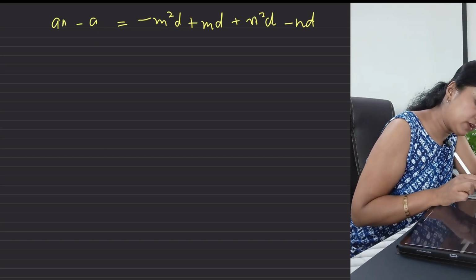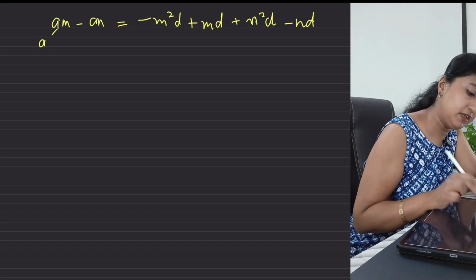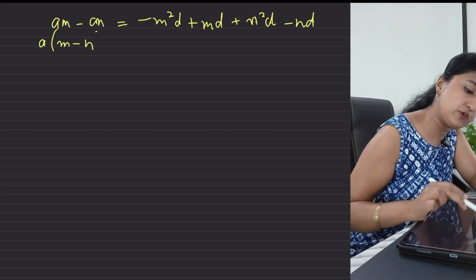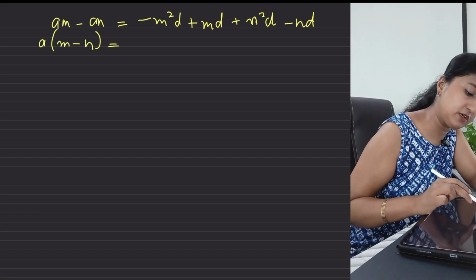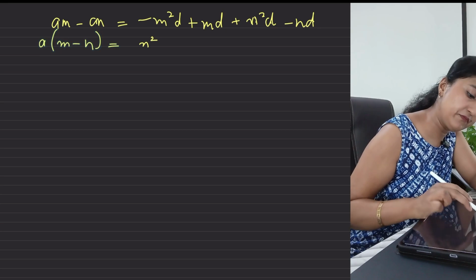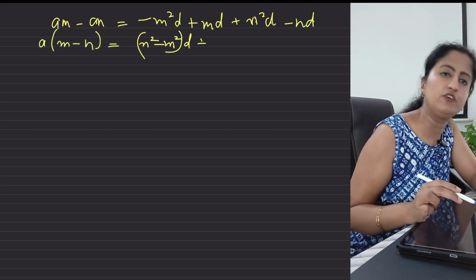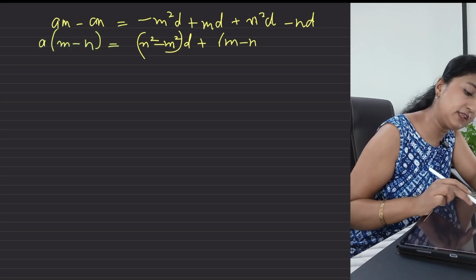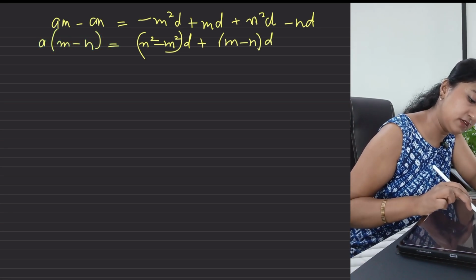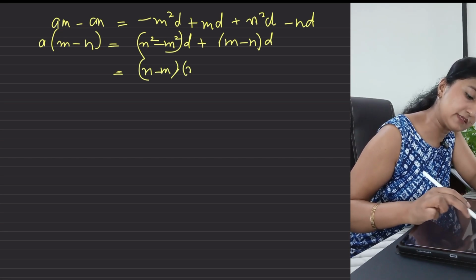Now I am taking out a as a common factor on the left and left with m minus n. Now minus m²d plus n²d. I am collecting them, and that leaves me with n² minus m² d over here plus m minus n and d over here. Simplifying the right side further leaves me with n minus m, n plus m, plus.